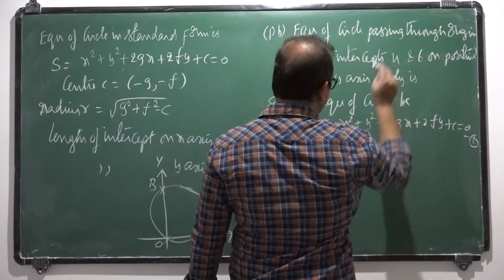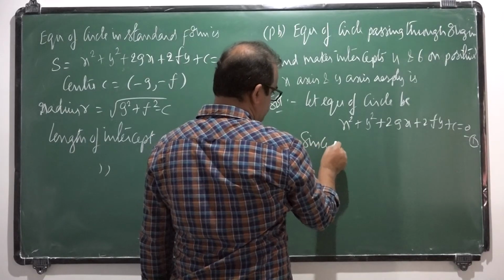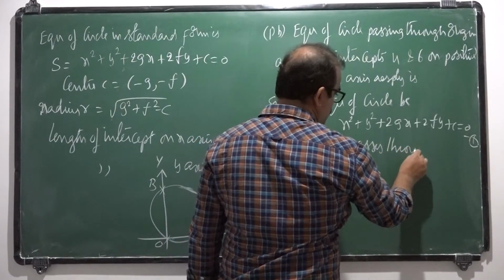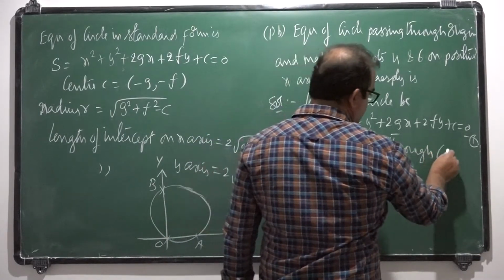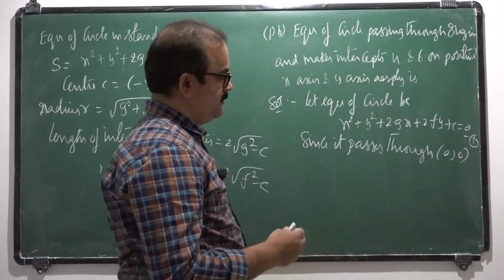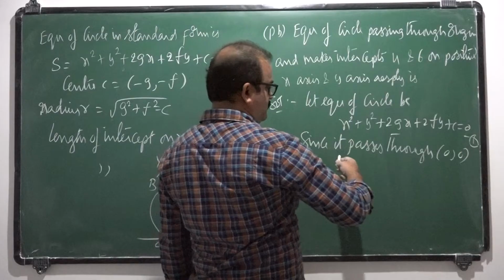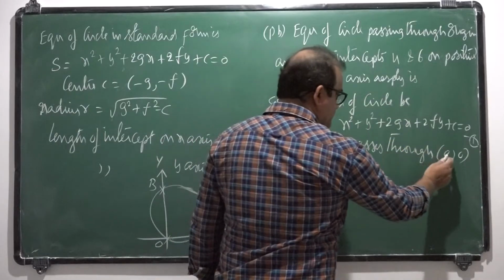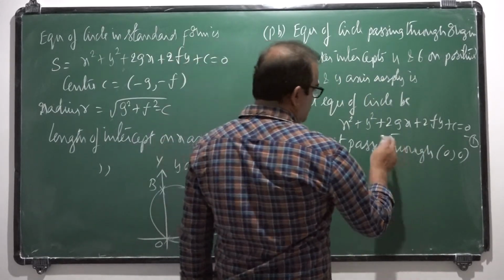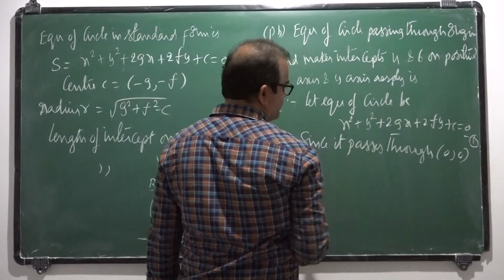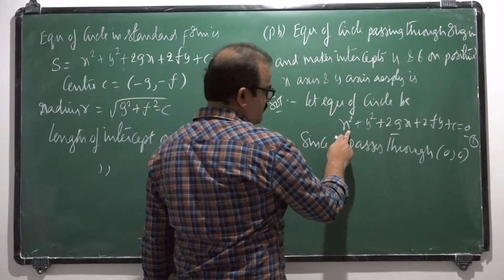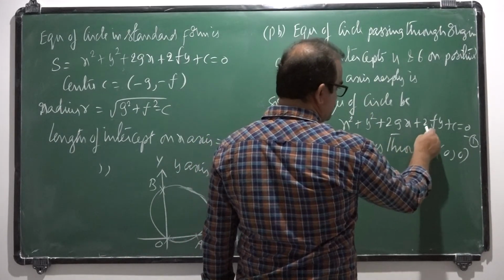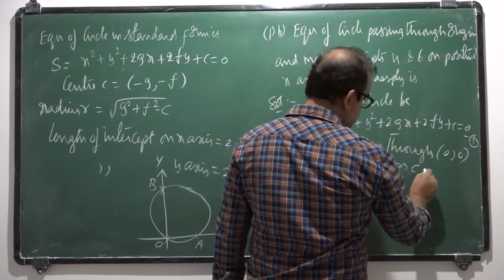Since this circle passes through the origin (0, 0): if any curve, either circle or straight line, passes through some point, that point must satisfy the curve equation. Here, substitute this point in the circle equation. Put x = 0 and y = 0: 0 + 0 + 0 + 0 + c = 0. So c = 0.